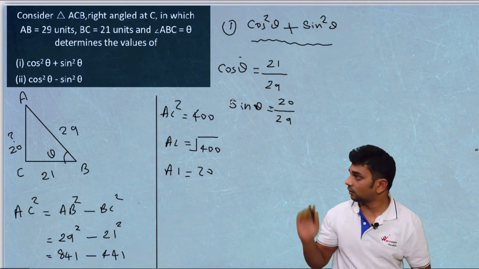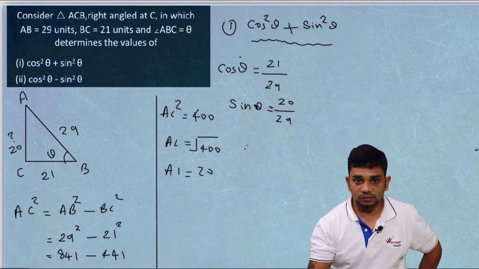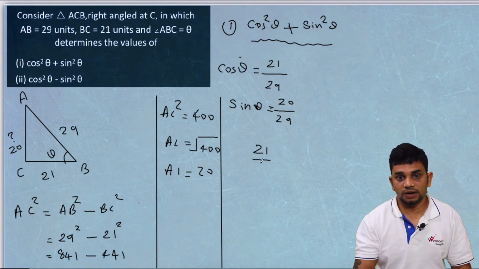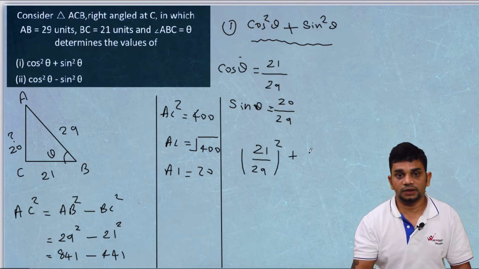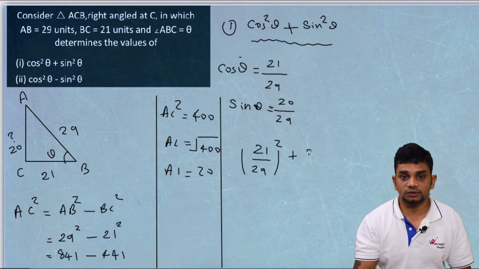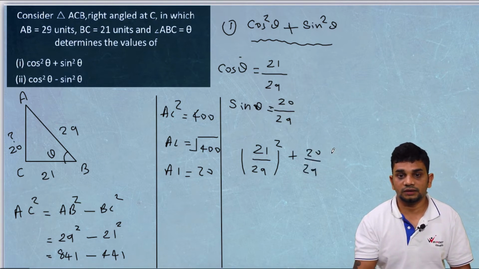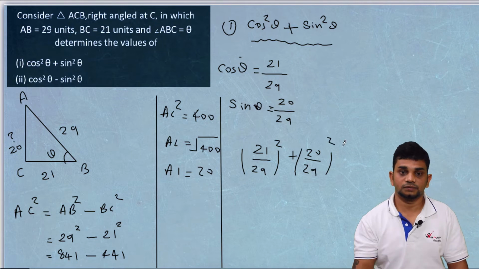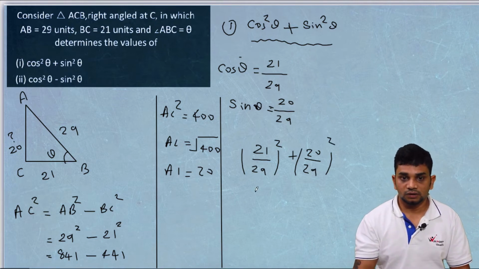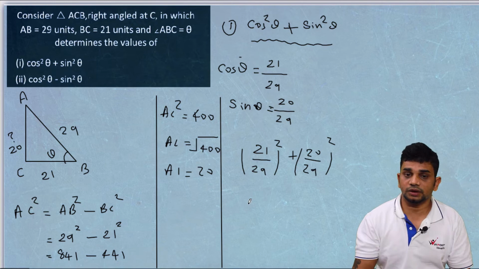We are going to substitute all the values in that equation. It will be 21 by 29 whole square plus sin square theta, 20 by 29 whole square, right? Here 29 square is a common factor. First we are giving that square inside the bracket.